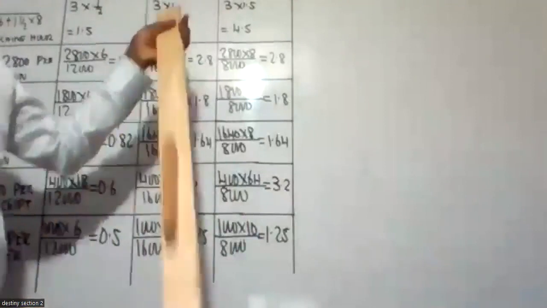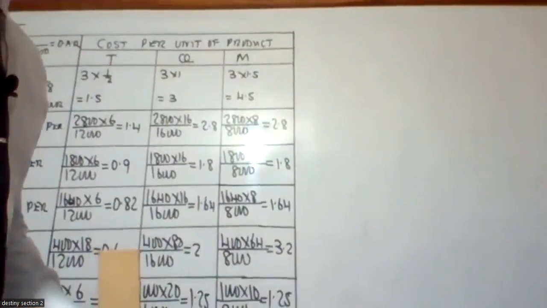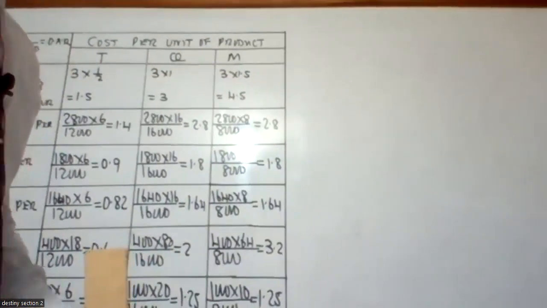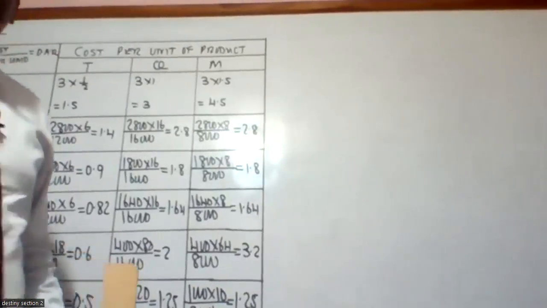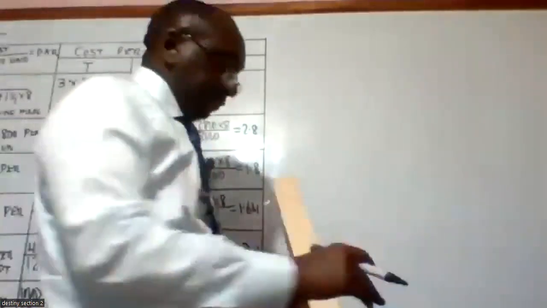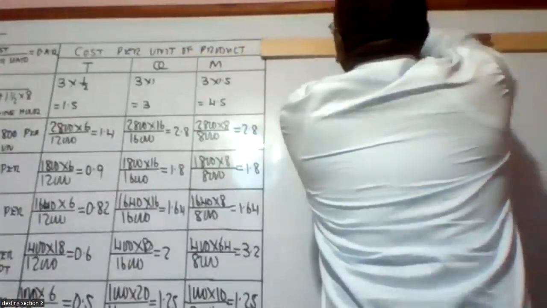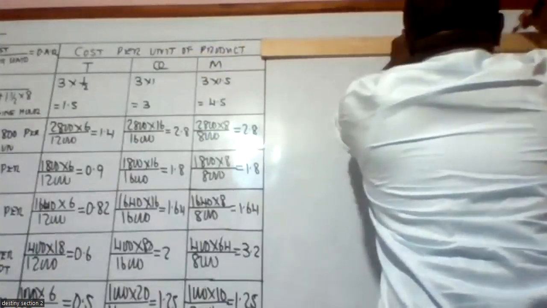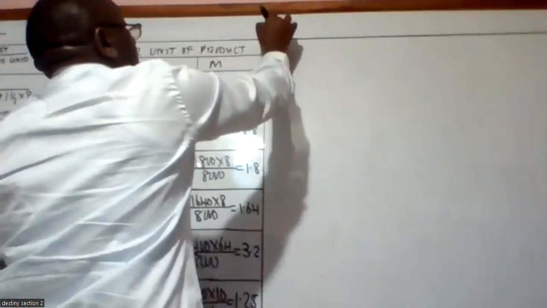So that is how you compute the overhead absorption rates. And I want us now to compute. The question asked us to find the gross profit. So now here, we are going to draw something that I want us to call income statement.